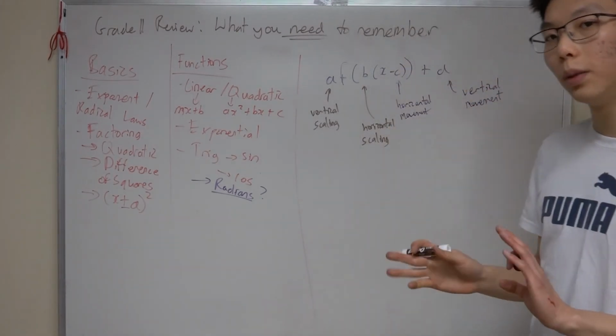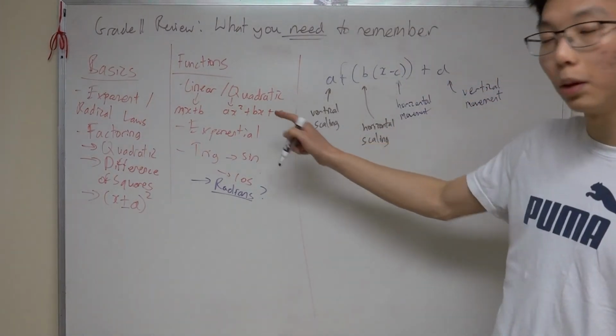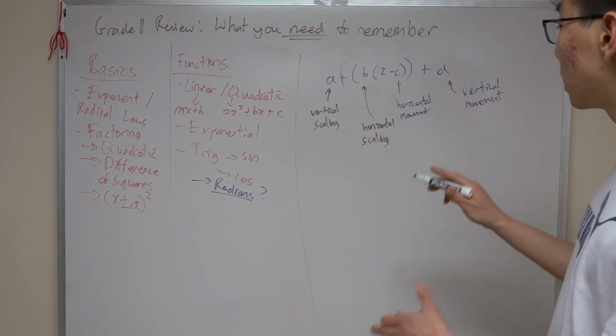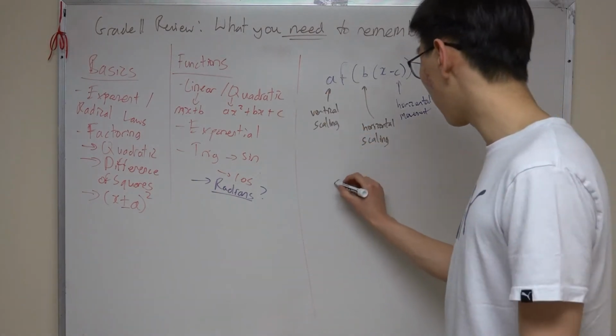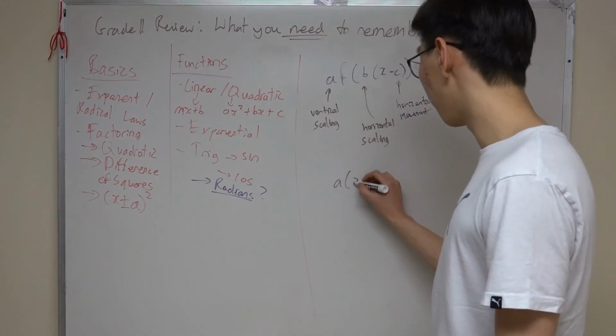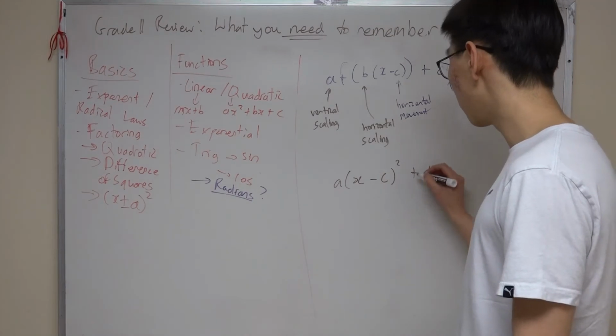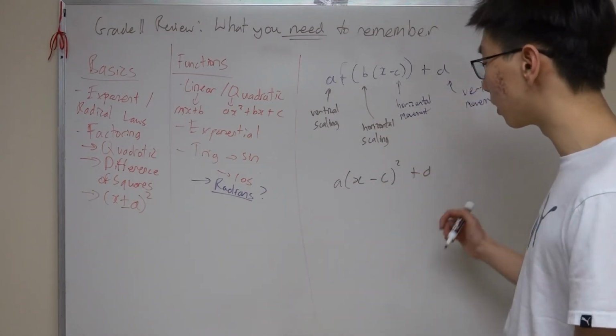Maybe you've only heard a little bit about this, maybe you've only played around with it a little bit with quadratics. So for example, in the quadratic case, this is what happens when you get it into a form that looks like a times x minus c squared plus d, and the b is usually not even there.